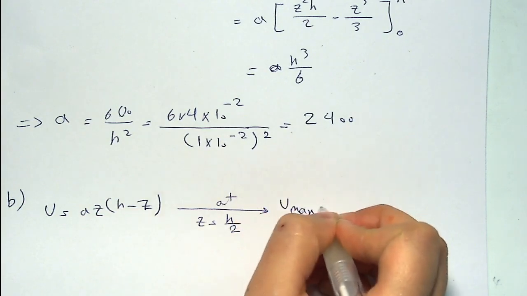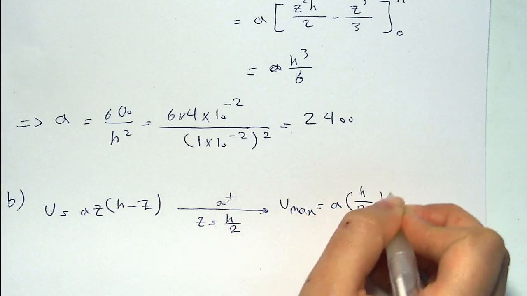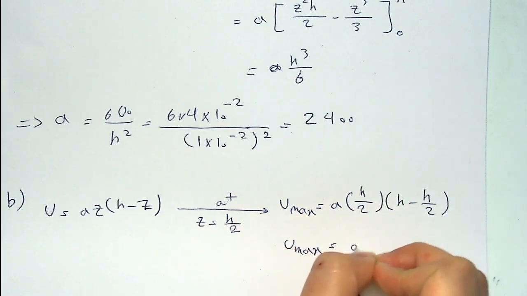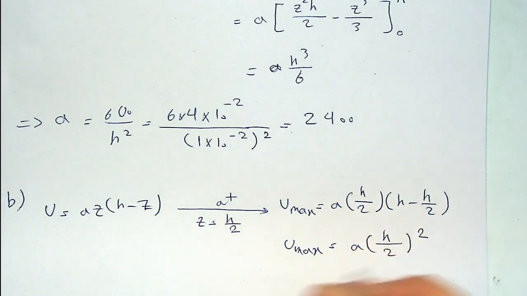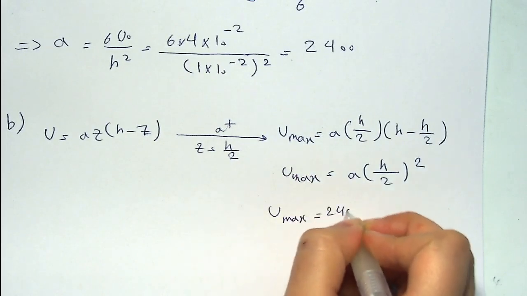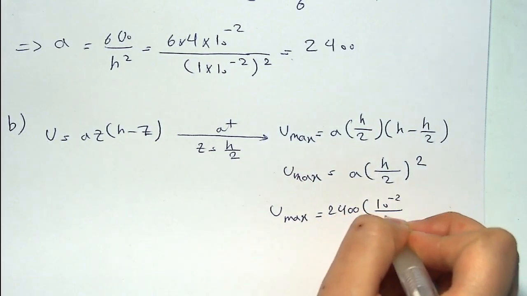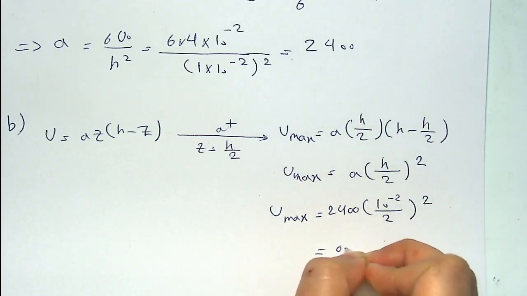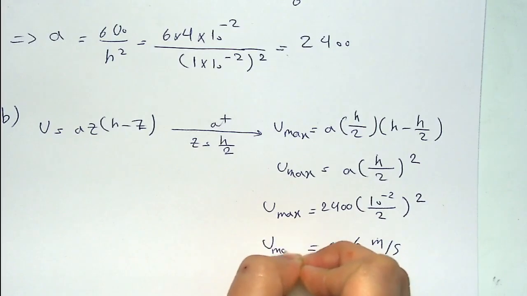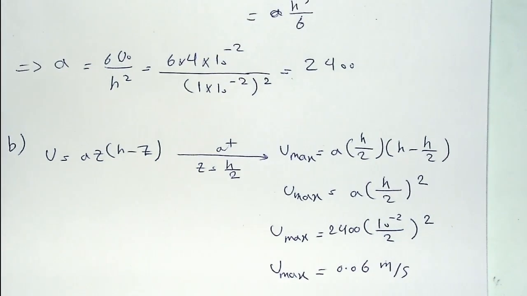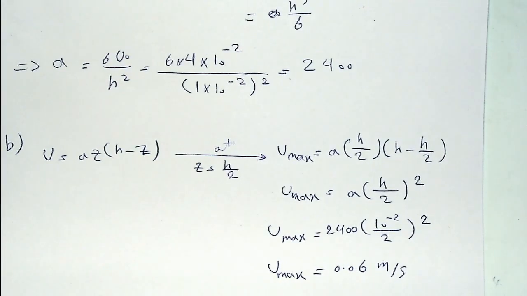So u max at the center line is equal to a times h over 2 times (h minus h over 2). Any questions?